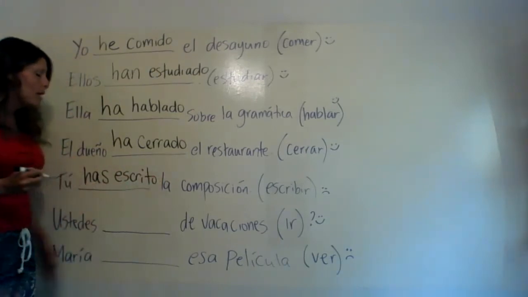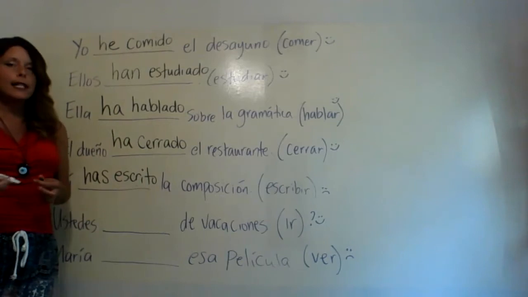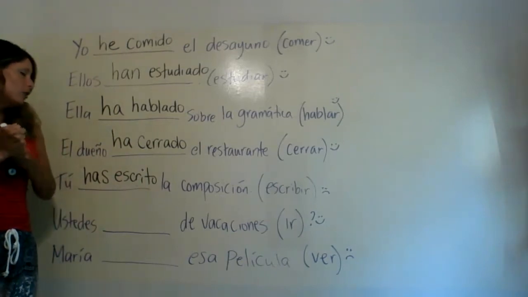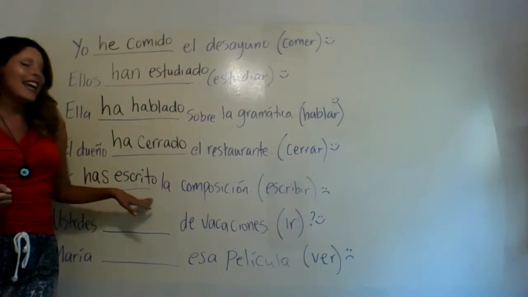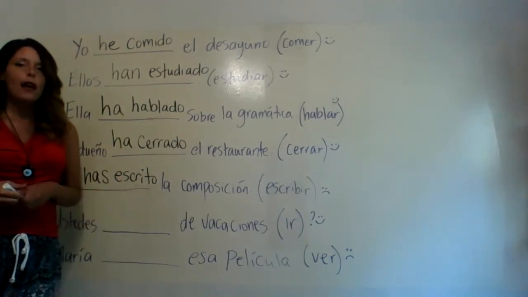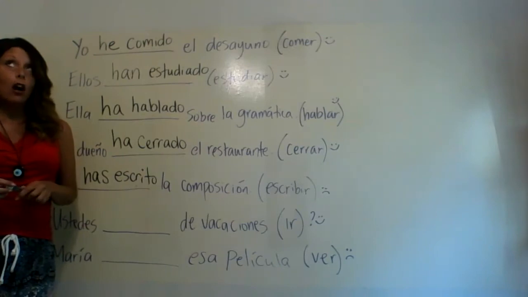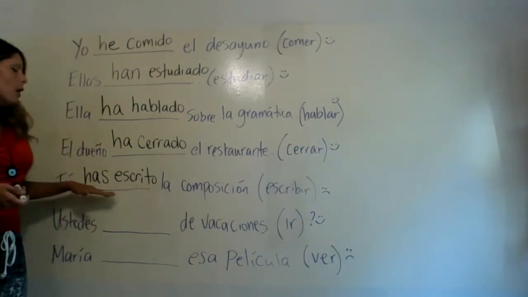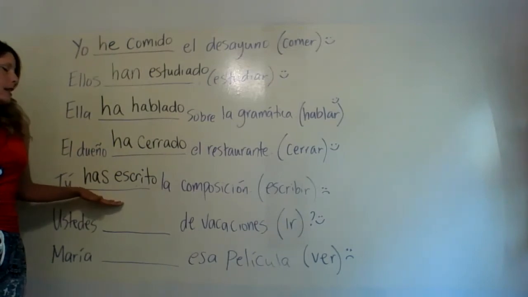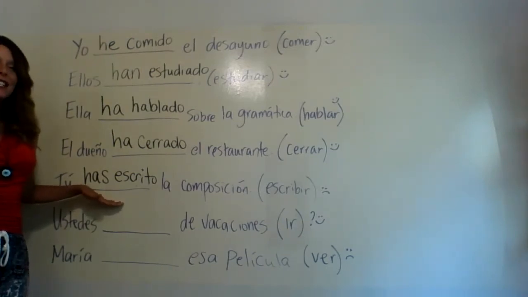And that irregular participle for the verb escribir is spelled E-S-C-R-I-T-O, escrito. So our present perfect for this sentence is has escrito.